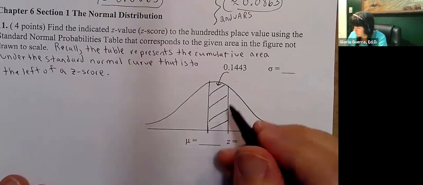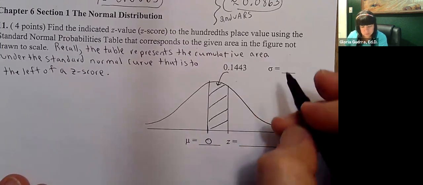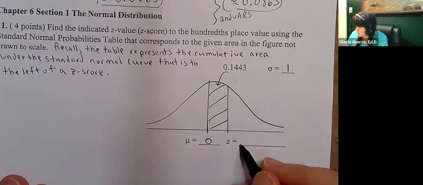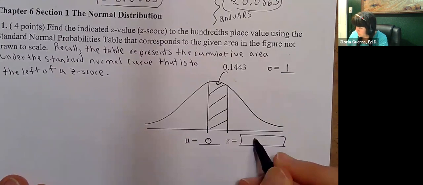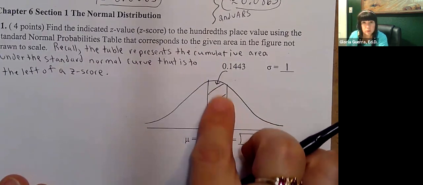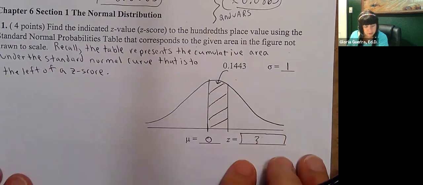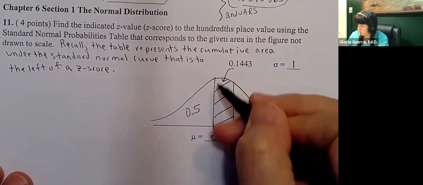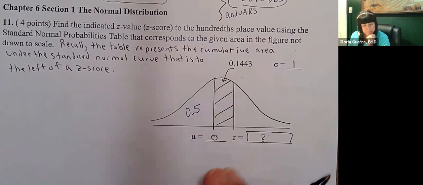So here, mu is 0, sigma is 1, and we're trying to find the z-value. They're telling us that this area is 0.1443. And remember that this area, halfway between, is 0.5.